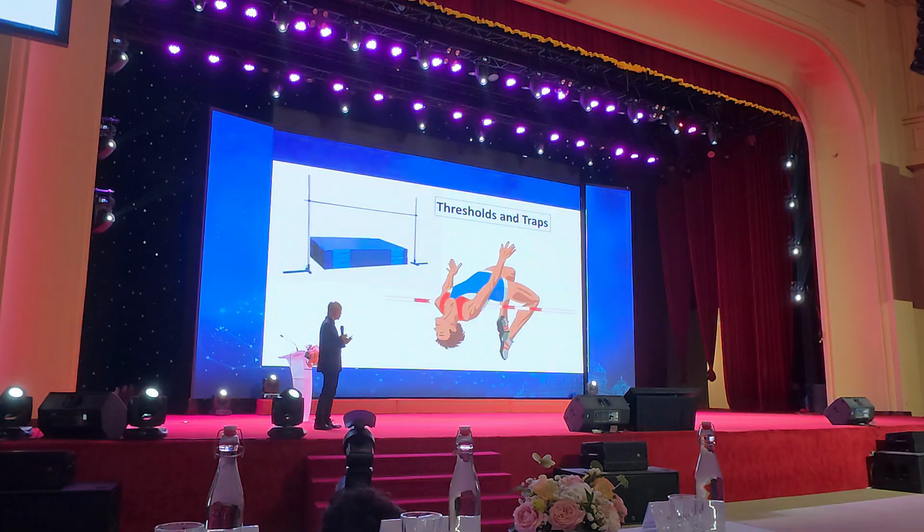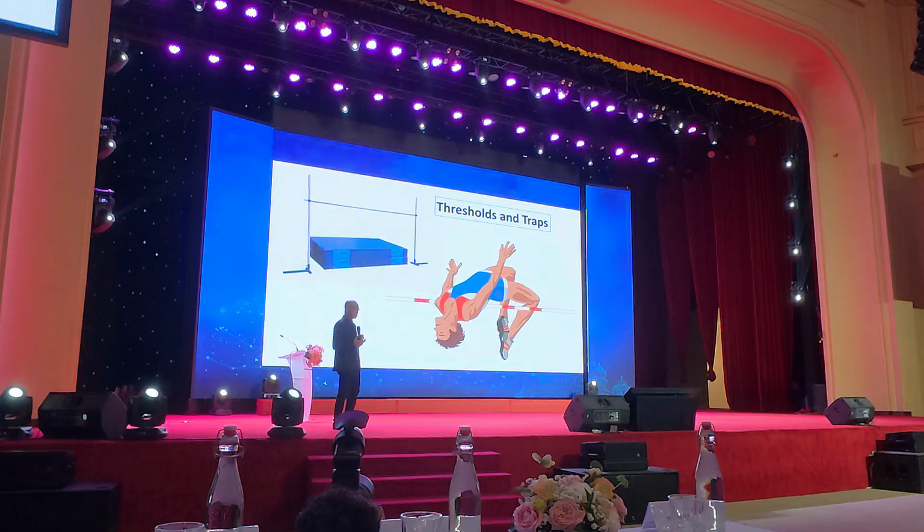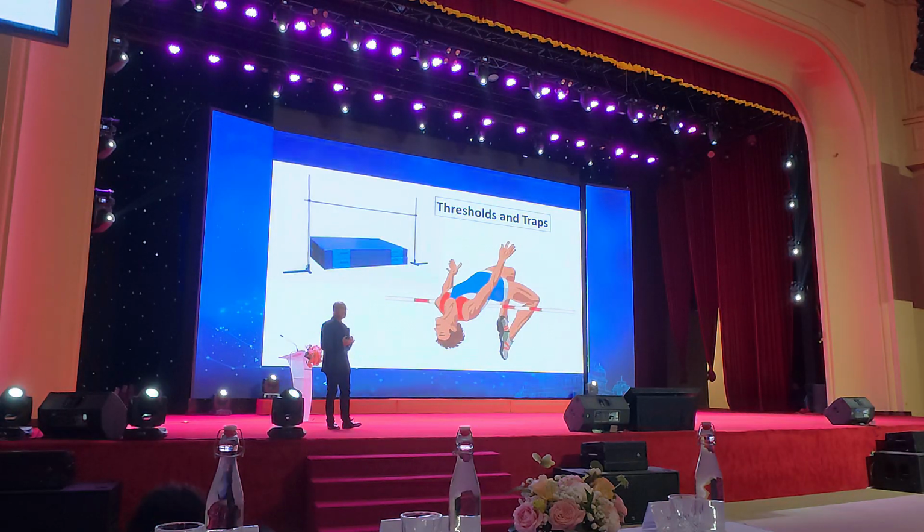For the last part of my talk, I will say this: thresholds and thresholds. We, as physicians or as clinicians, use to rely on thresholds to diagnose disease. For example, for diabetes, you have to measure the glycemia, and then you will conclude that the patient will have high or low blood glucose level.